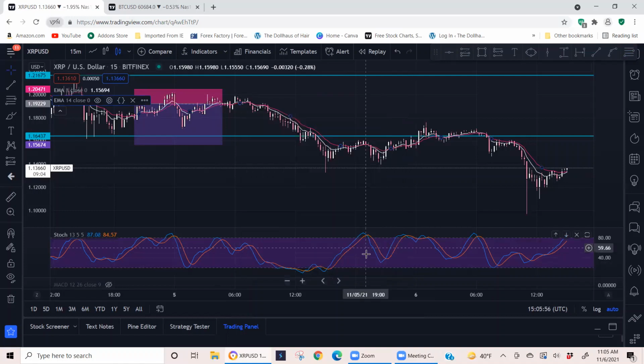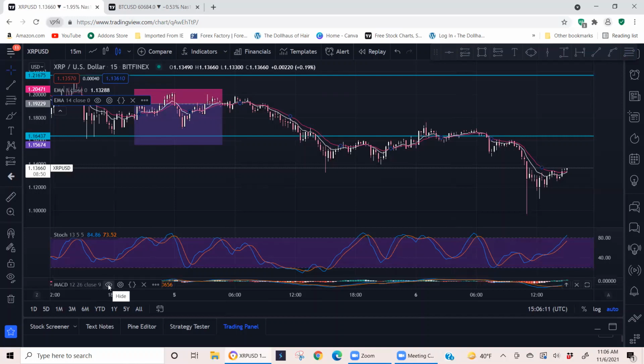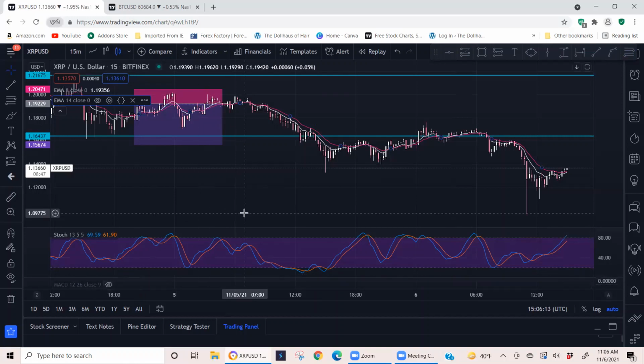But I mainly use my stochastic because that's the only indicators a lot of y'all know that I use. Stochastic and MACD. MACD is still on my chart. I had some people DM me about that, and it's still on my chart, you guys. It's actually just hidden. So I haven't really been using it much, basically.